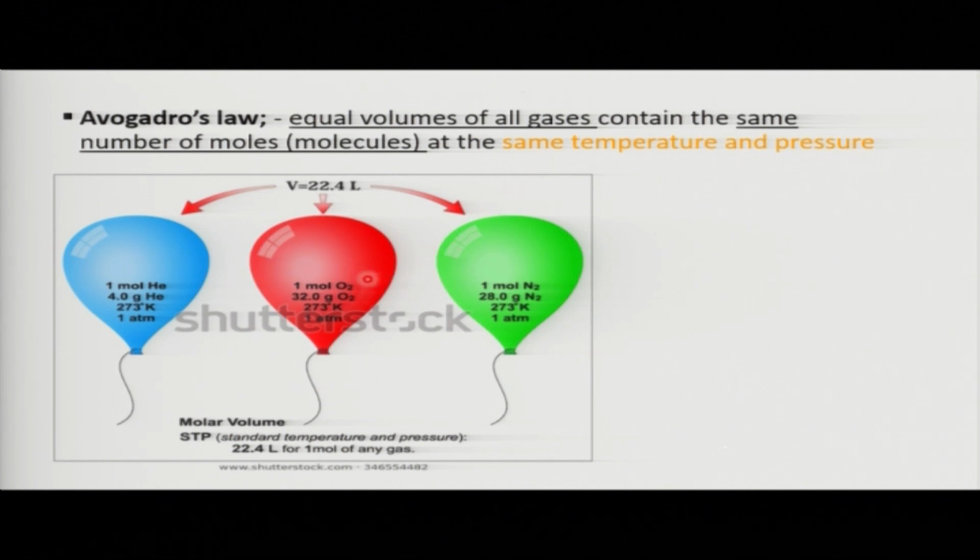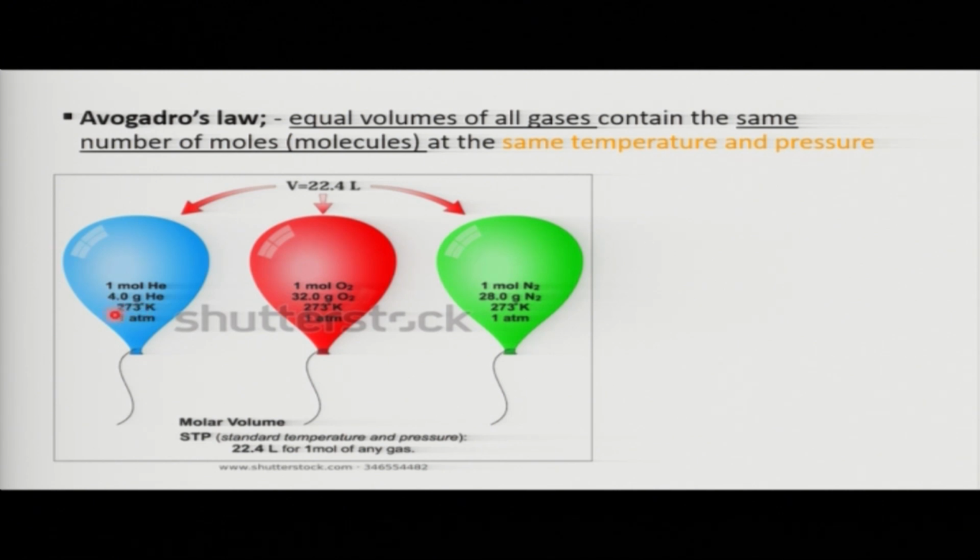Let's look at our illustration. The blue balloon has helium, red has oxygen, green has nitrogen. They have different masses: nitrogen 28, oxygen 32 because it is a diatomic molecule, and helium as a single atom has 4 grams.